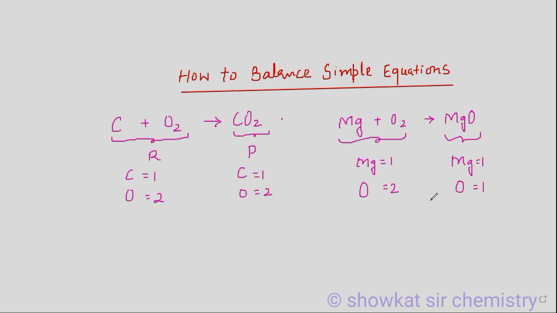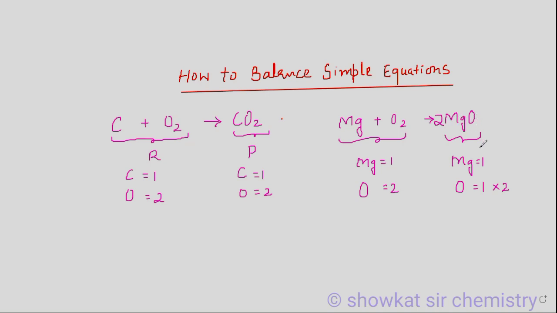See, simply you will multiply this oxygen by 2, but you have not to multiply here. It's very important. You have to always multiply any factor on this side, that's your left side. It's very important. Now when you multiply this 2, this 2 is now multiplied to both this magnesium as well as this oxygen.